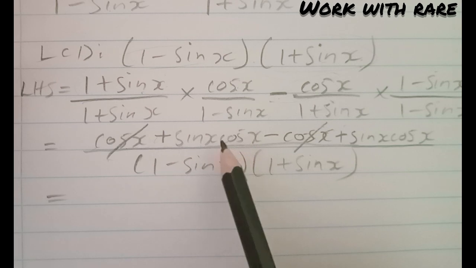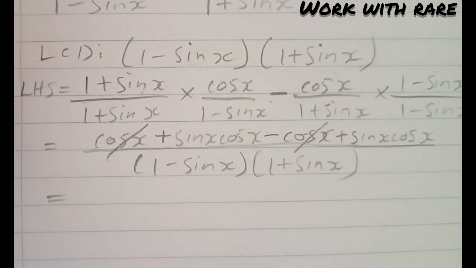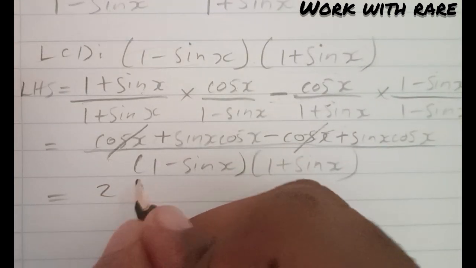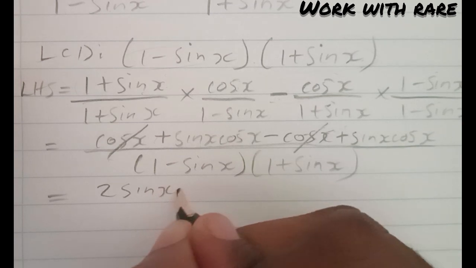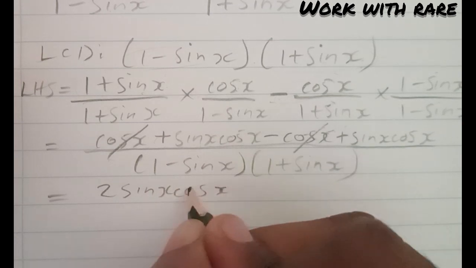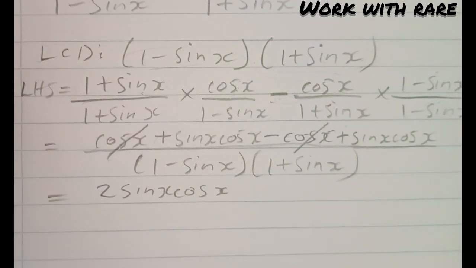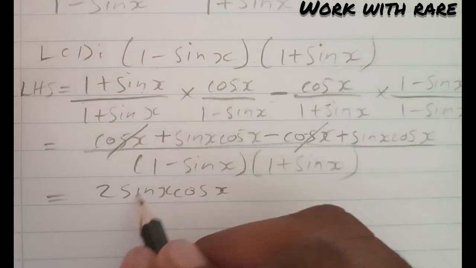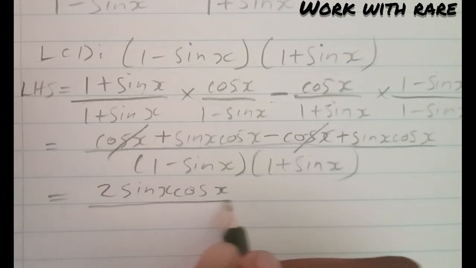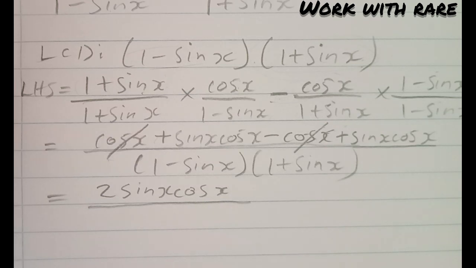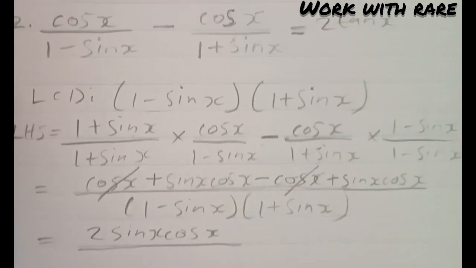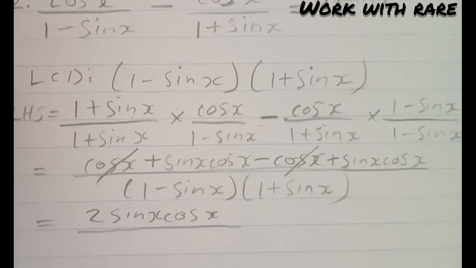Sin x cos x and sin x cos x are like terms, so I will add them, and it will be 2 sin x cos x. Now for our bracket, remember our right hand side should be 2 tan x.